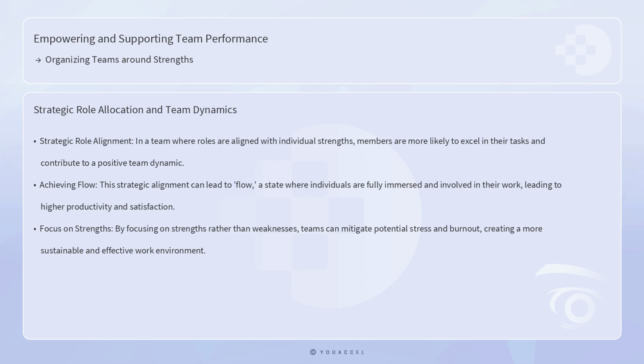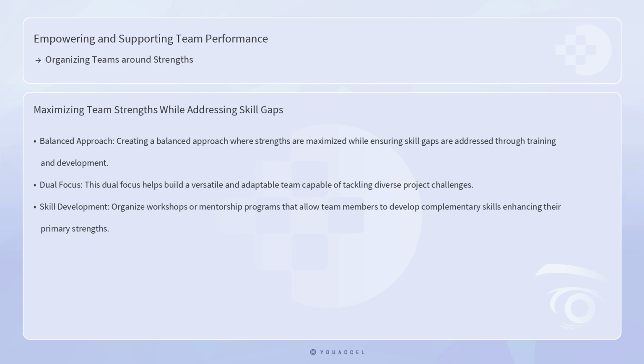Moreover, by focusing on strengths rather than weaknesses, teams can mitigate potential stress and burnout, creating a more sustainable and effective work environment.